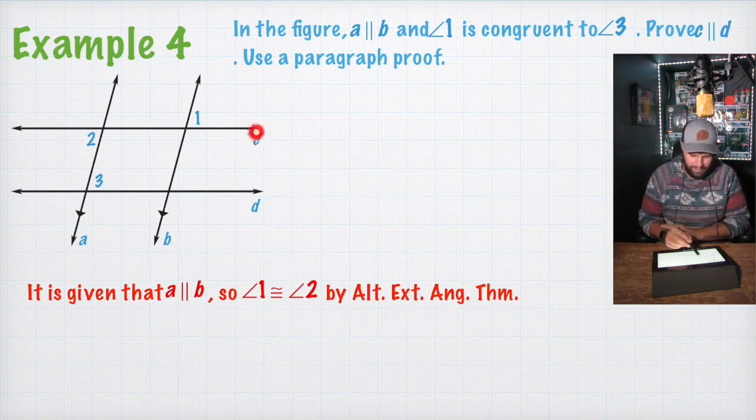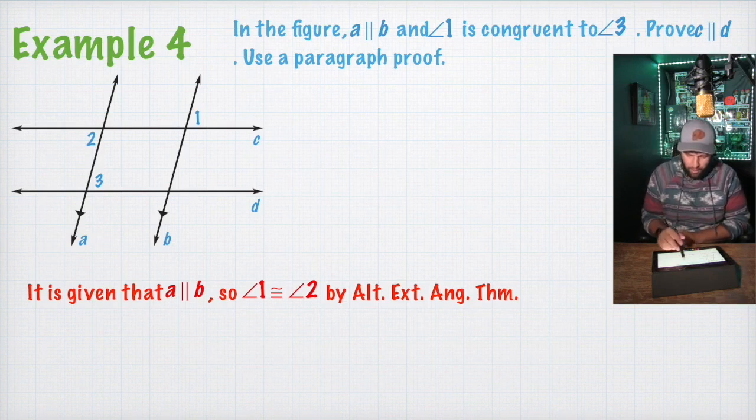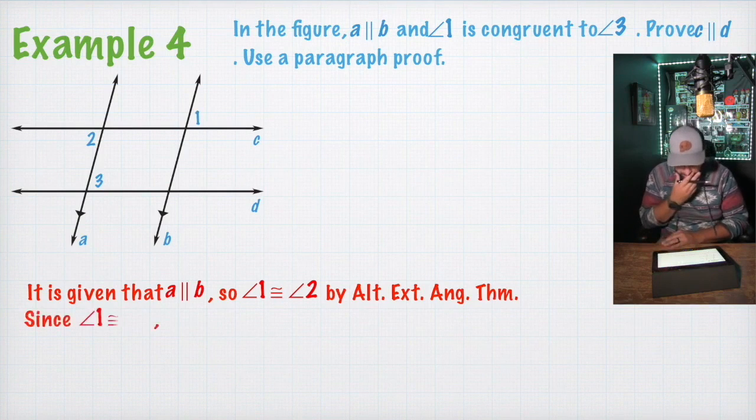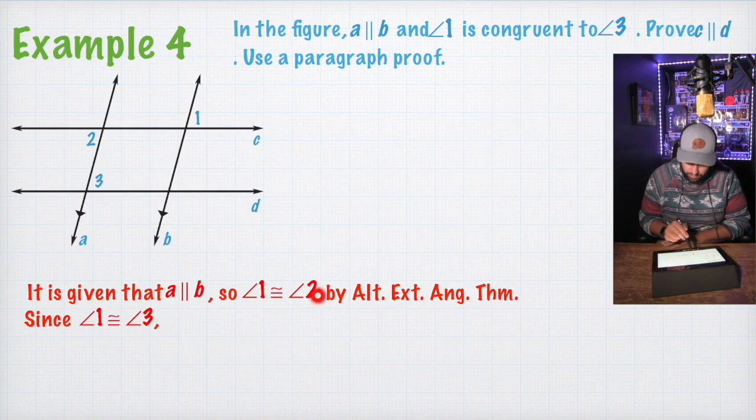So we're trying to prove that C is parallel to D, and we know that these two angles are congruent. What else do we know? We also know that 1 is congruent to 3. So let's go ahead and write that down. Since angle 1 is congruent to 3, and 1 is also congruent to 2, it would make sense that 2 is congruent to 3.